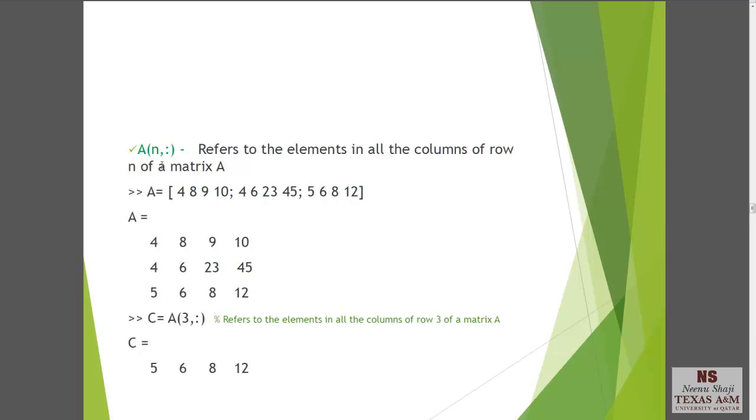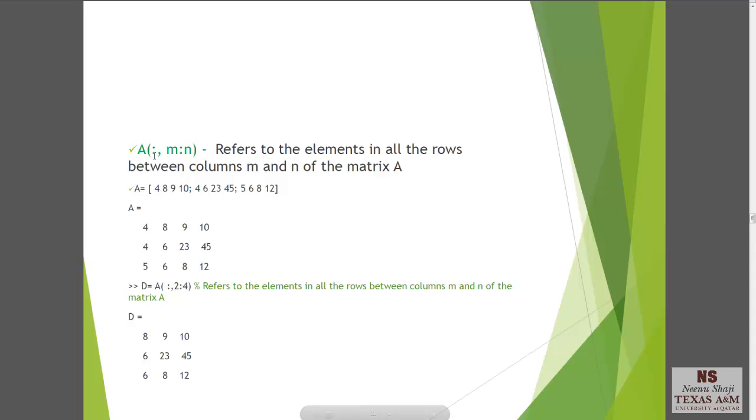A of n, colon refers to elements in all the columns of row n of matrix A. So A of 3, colon refers to elements in the third row, and it covers all the columns. So it is 5, 6, 8, and 12.